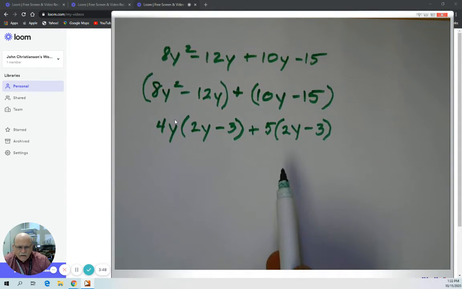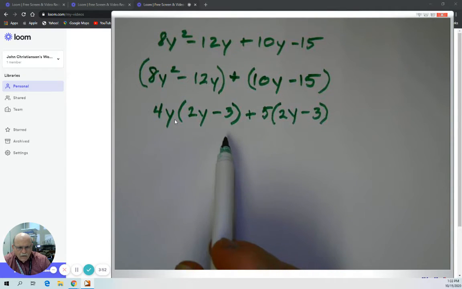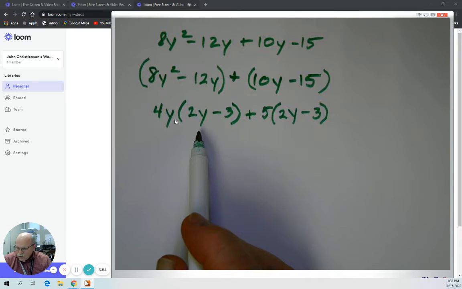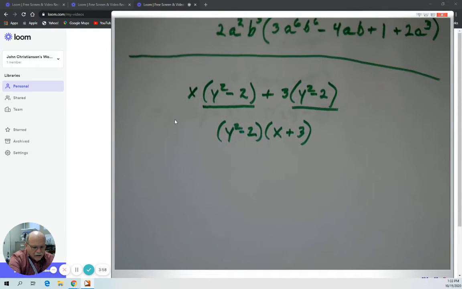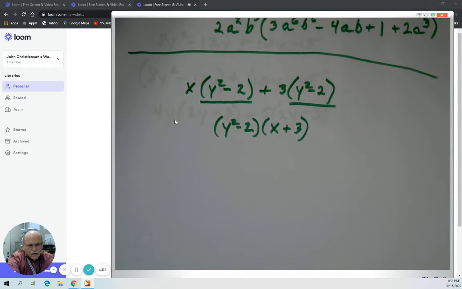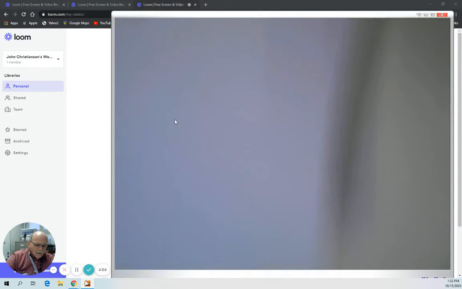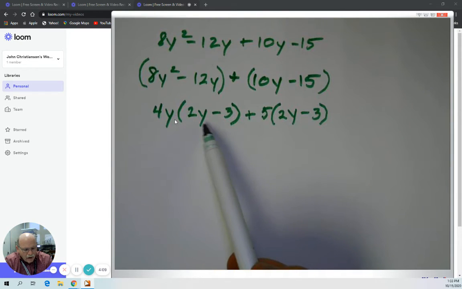Now, I want you to look at this very closely, and you will notice that, much like the problem that I did in a previous video, now I have a common factor of 2y minus 3 in each of these terms.